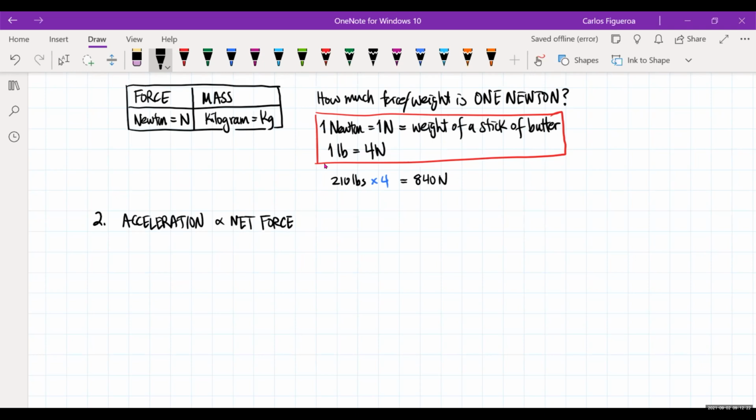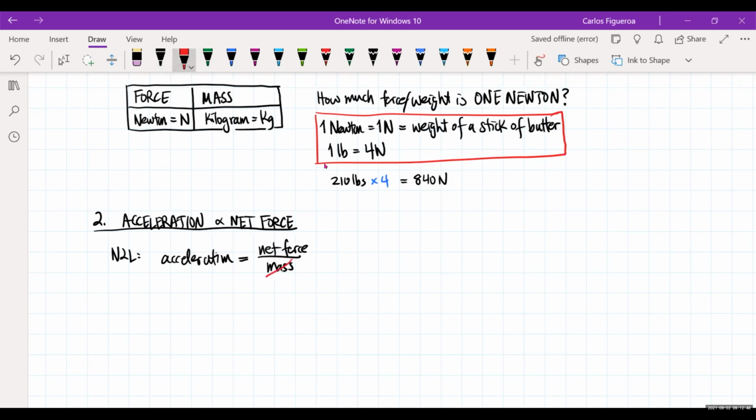To make sure that we all speak the same language, what does Newton's second law tell us? Well, it tells us that the acceleration is equal to the net force divided by the mass.